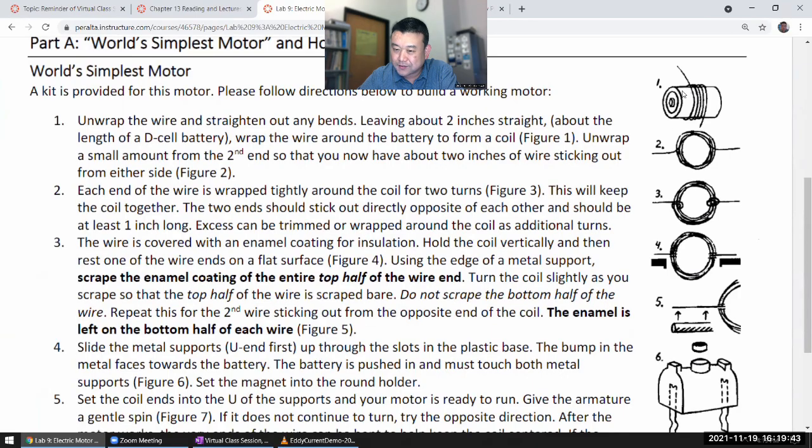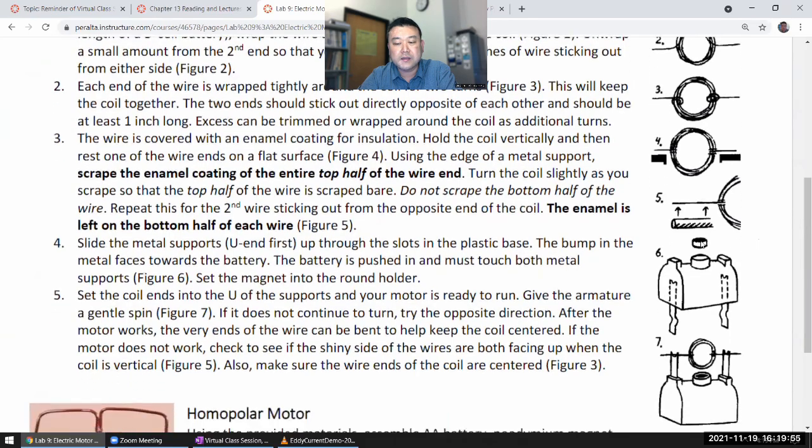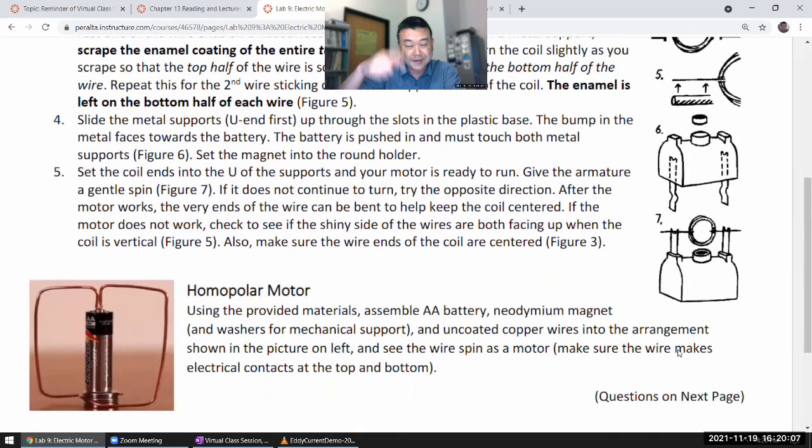In the instructions, people use a battery body to have this coil of wire, with the end stripped a little bit, and you can have this arrangement. This is the magnet placed here. This coil of wire hangs over a magnet, connected in such a way that it's connected to a battery. It turns like a motor.